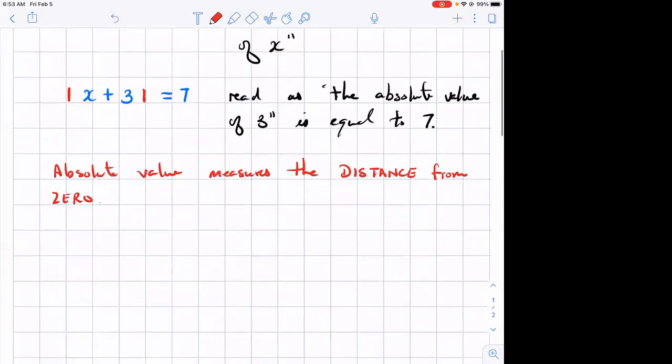And this is very important because, as you know, distance is positive.